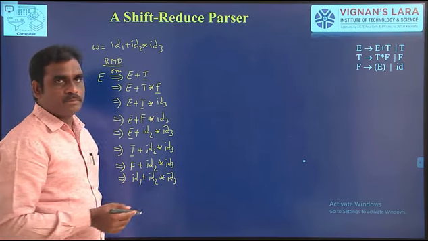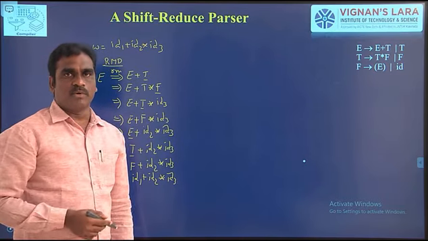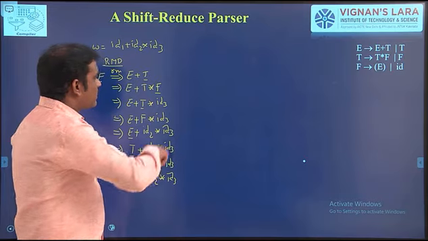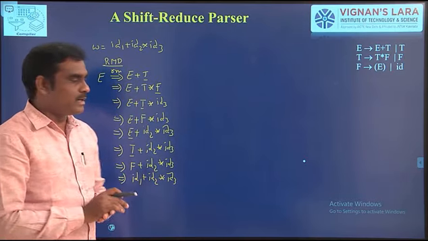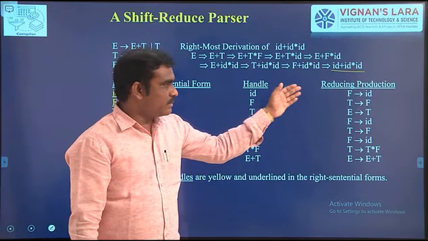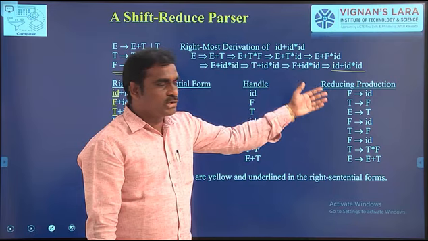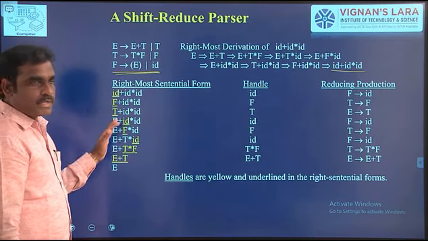And what is the next step? Shift reduce parser means the reverse of rightmost derivation. In this process, we have to mention what is the handle and what is the handle pruning, which is nothing but the reducing production. So here, this is the table we will see.